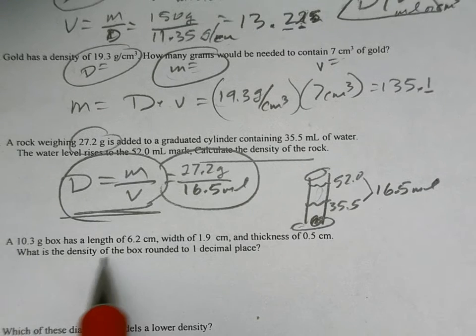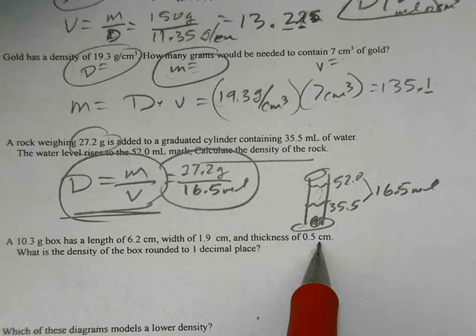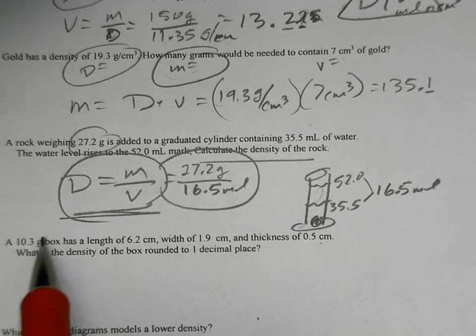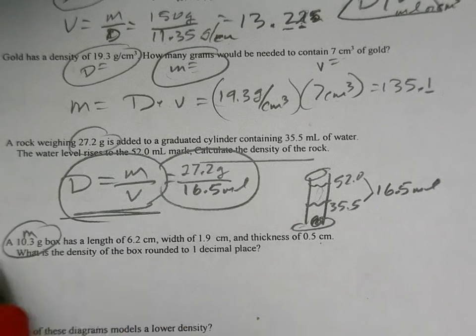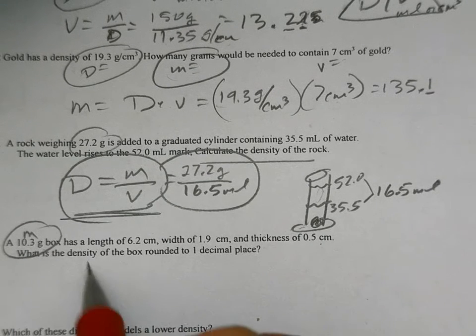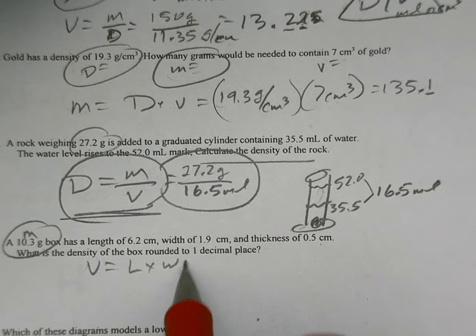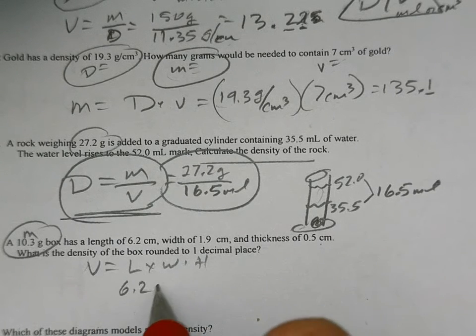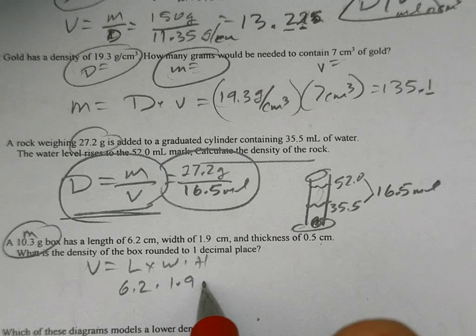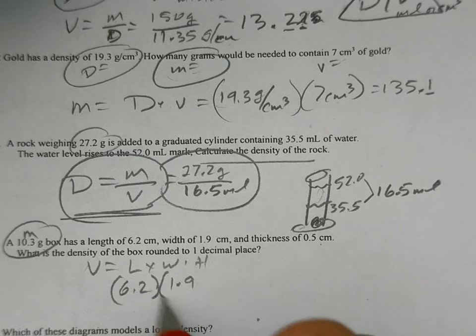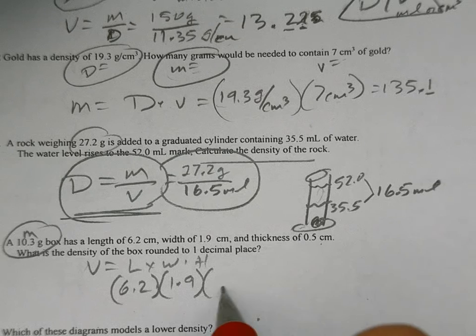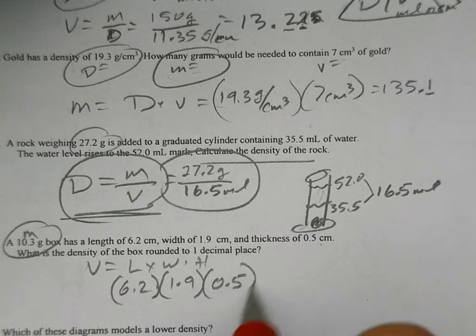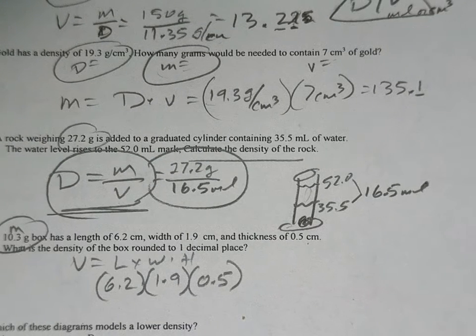Okay, we've got a box with these dimensions and this thickness. Oh, I'm sorry, this is the mass, 10 grams. To find the volume, volume will be length times width times height. So let's do 6.2 times 1.9 times 0.5.